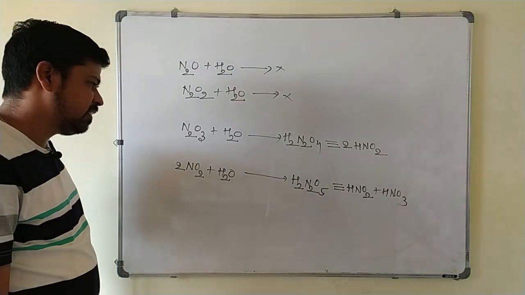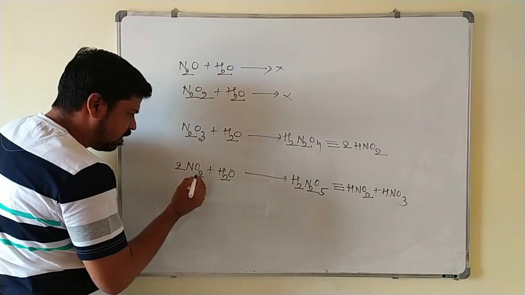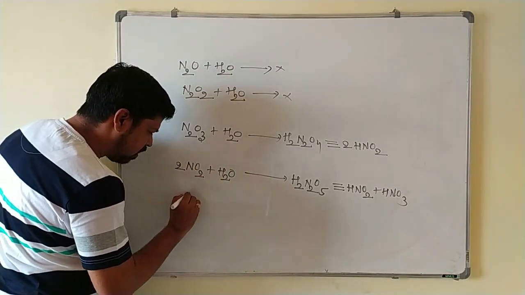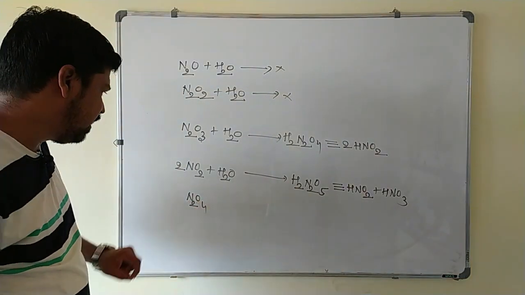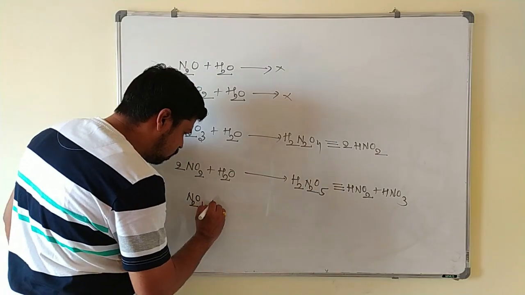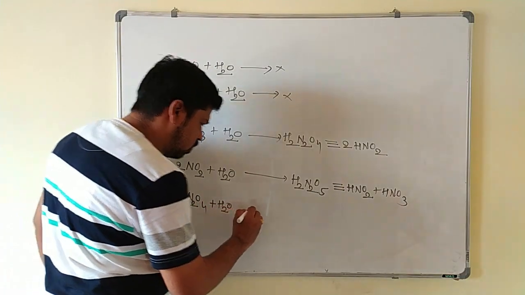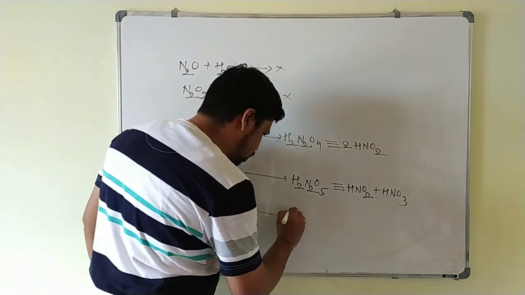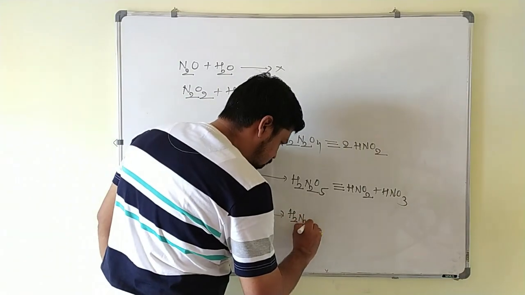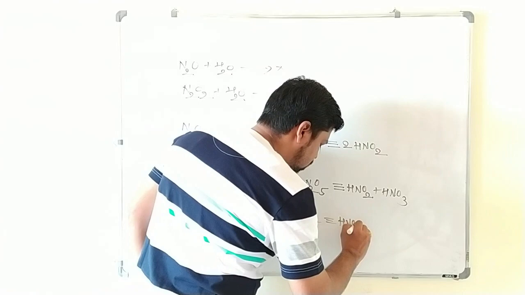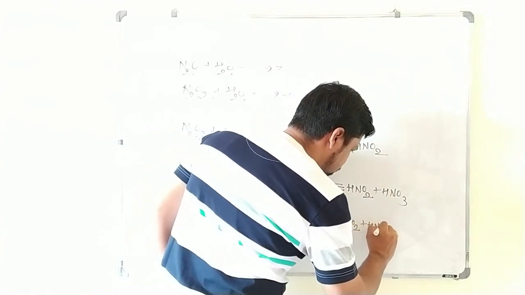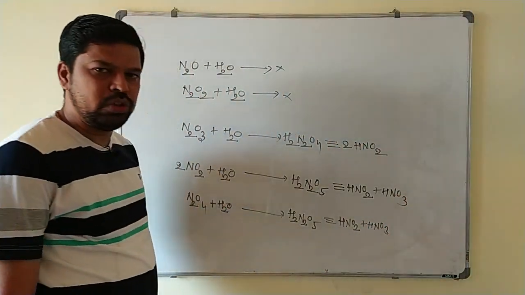Otherwise, you can take the dimeric form of NO2, that is N2O4, plus H2O, which gives H2N2O5, nothing but HNO2 plus HNO3.